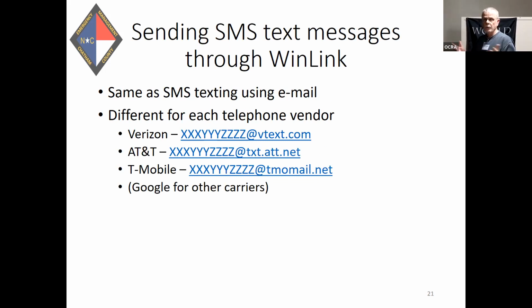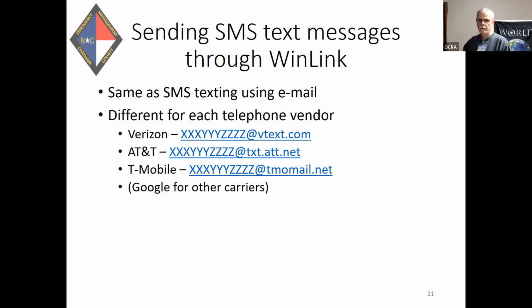How do you send a message through Winlink? Well, you do it the same way you would as you were sending an email. Basically, you have to know the provider of the person that you're sending it to. But if you're on Verizon, you would put in the phone number at vtext.com, and it'll go right to their SMS on their phone. AT&T, it's the same way, except it's txt.att.net.